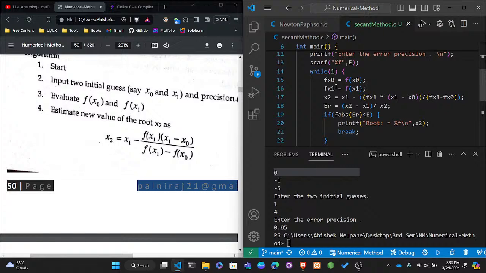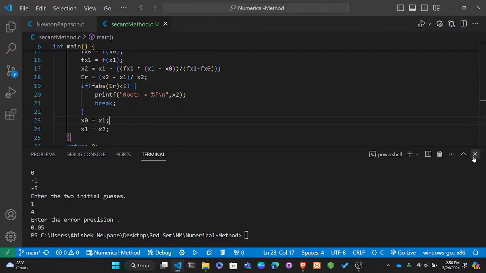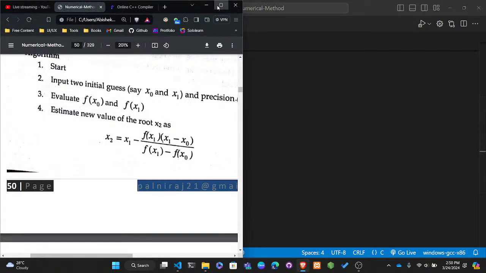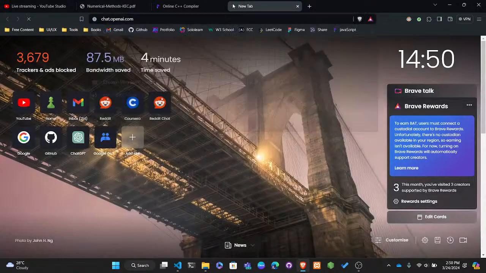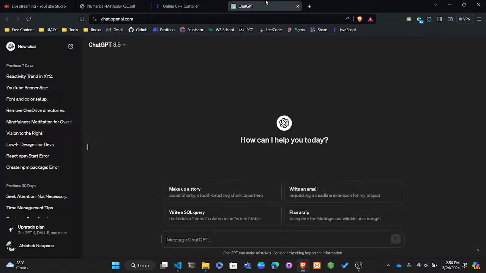I think there is no problem, but this is not running. Okay, let's ask ChatGPT. That might be the right thing to do. I don't know why this is not working.